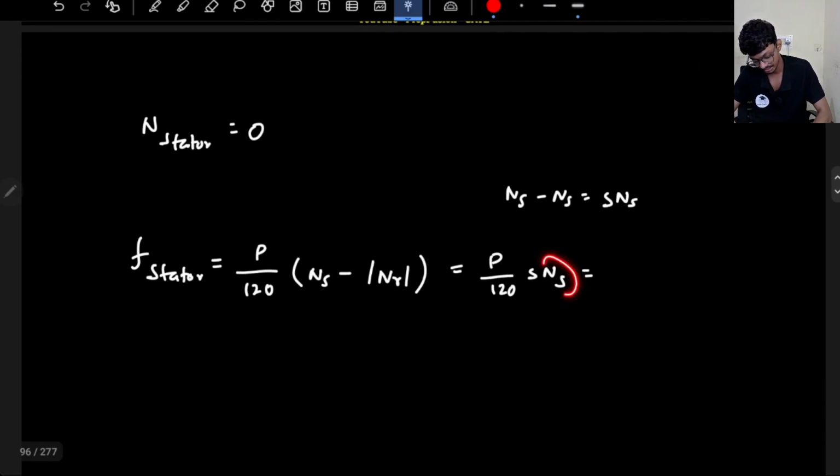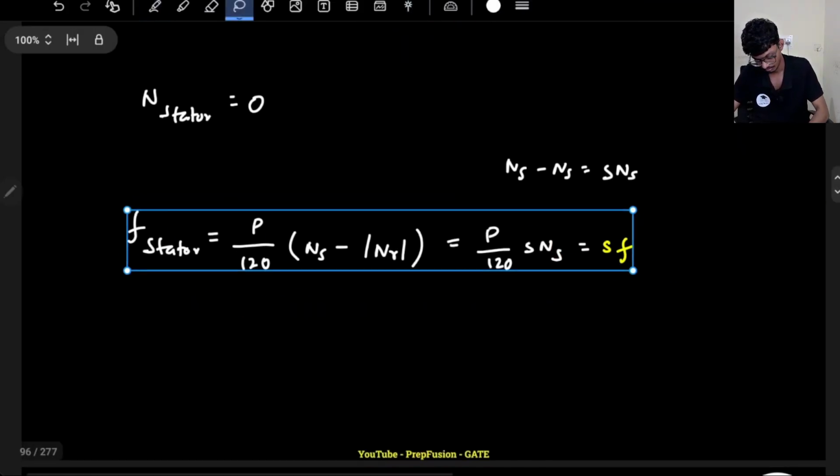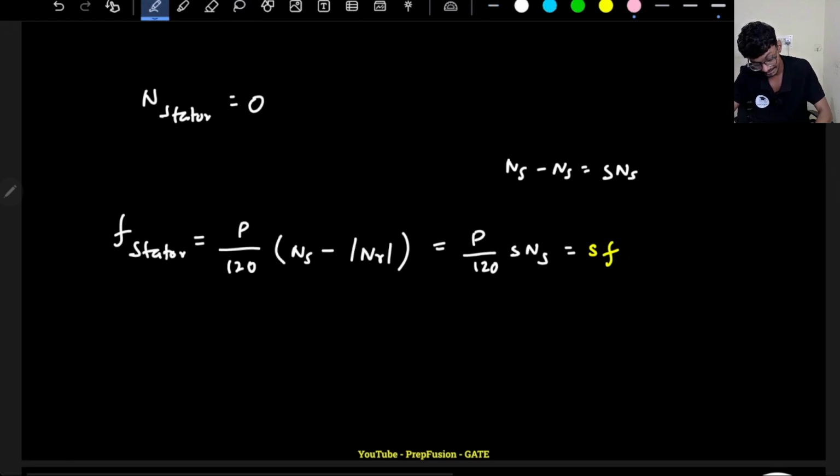So this is basically s into f. This will be the answer. Okay, so it is almost the same as if I am applying a three-phase supply in the stator, same as case 1.